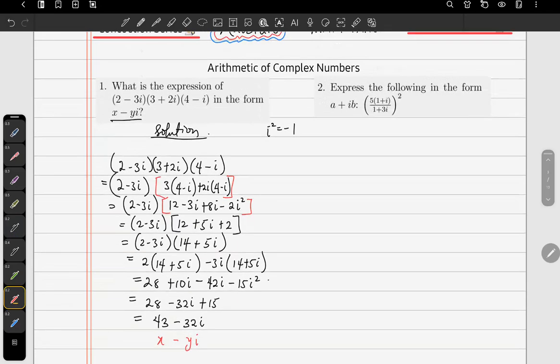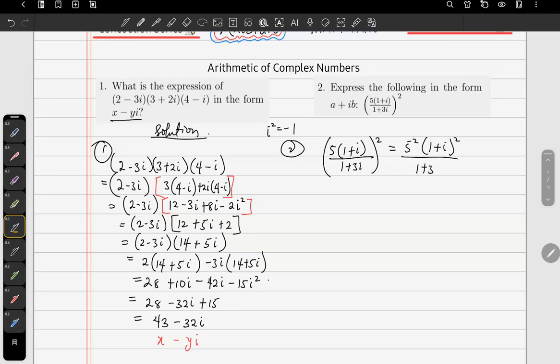The second question on the right here involves both multiplication and division. On this side, we have 1 plus i over 1 plus 3i, squared. This is the same thing as 5 squared times 1 plus i squared over 1 plus 3i squared. I'm squaring everything.